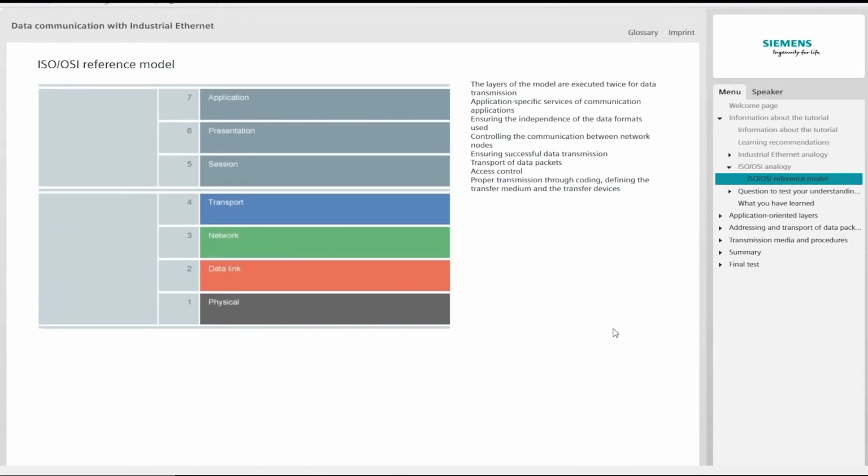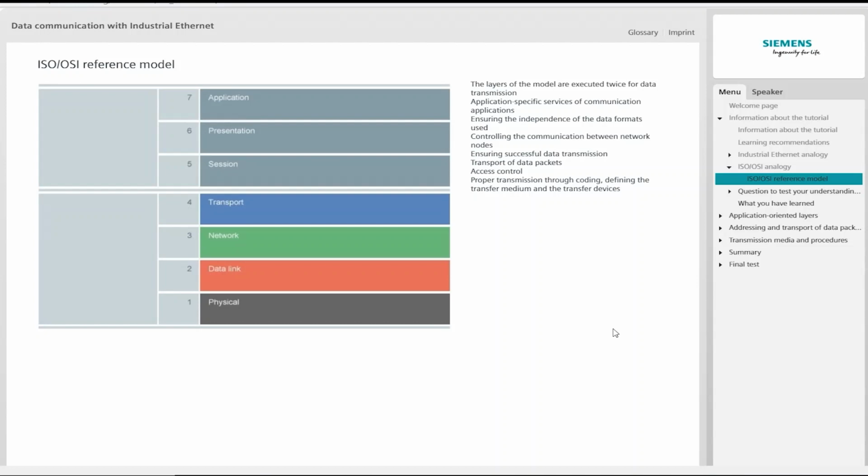Layers 1 to 4 are network-based and define all the processes that are required for transporting the parcel from the sender to the recipient. In the example for parcel shipment, the safety mechanisms for tracking the parcel, address, name of recipient and transport routes that the parcel should take are defined here. Layers 5 to 7 are application-oriented and are responsible for data interpretation.